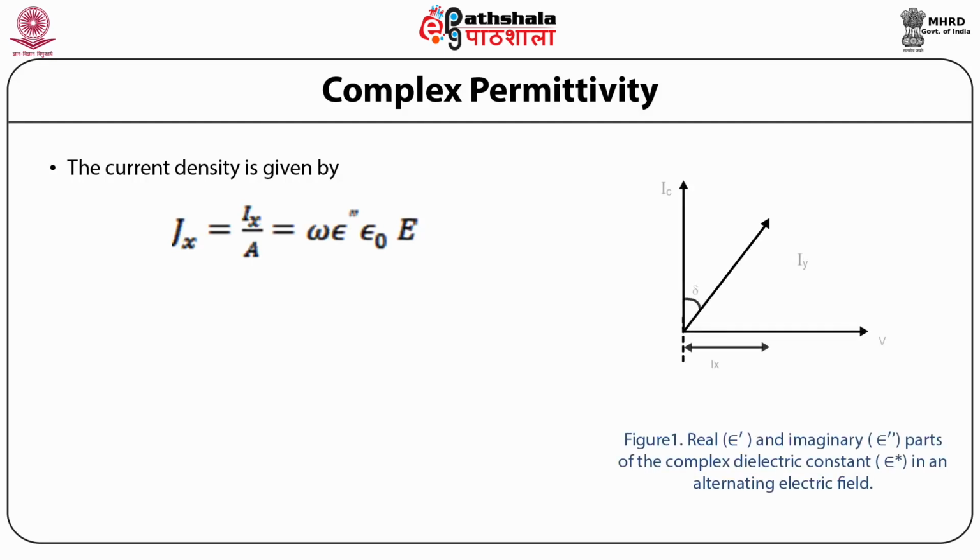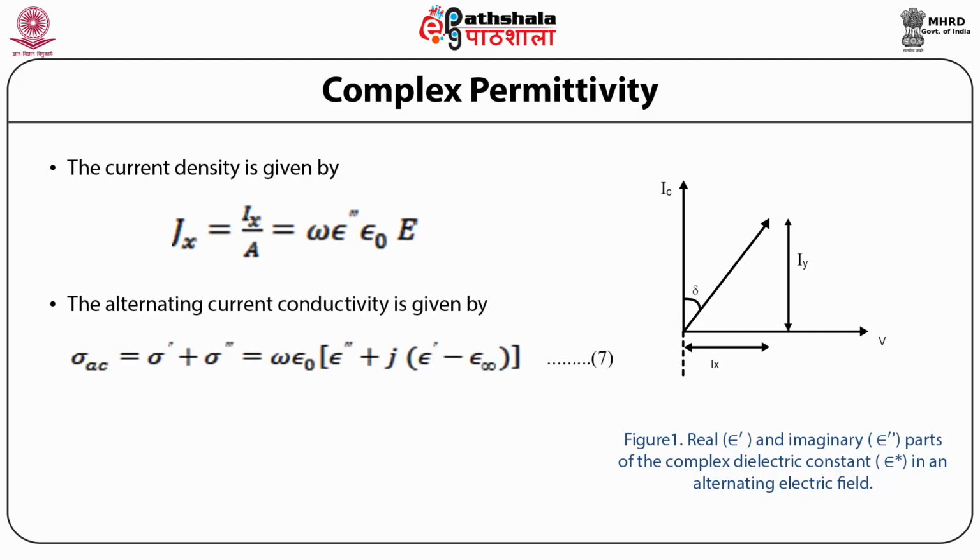Figure 1 shows the real epsilon prime and the imaginary epsilon double prime parts of the complex dielectric constant in an alternating electric field. V is shown on the x-axis, I also on the same axis, and Ic on the y-axis.